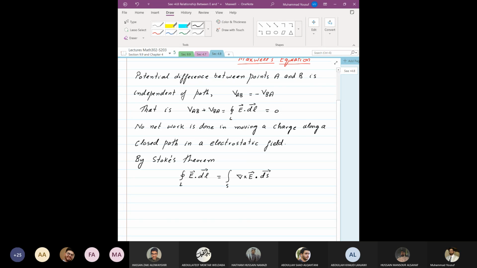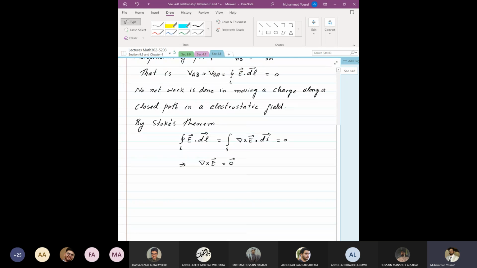So if this integral of E dot dl is 0, then the other integral is also 0, and that implies del cross E is equal to 0 vector.